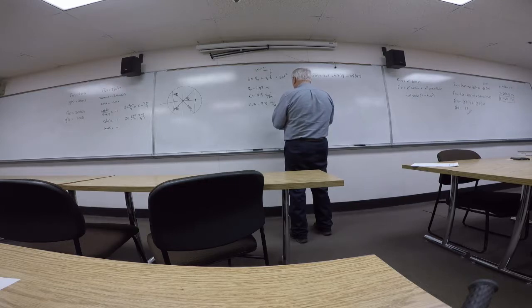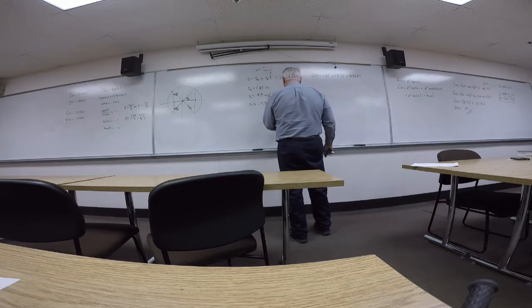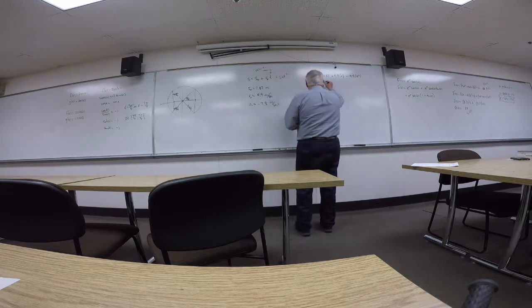Let's clear this. 1.82 plus 4.9 times 4 minus 16 times 4.9. Yeah, I'll say negative 56.98.